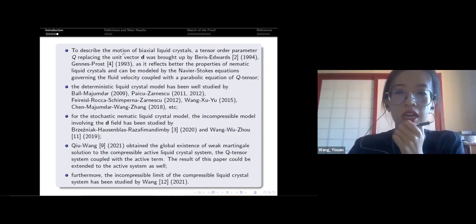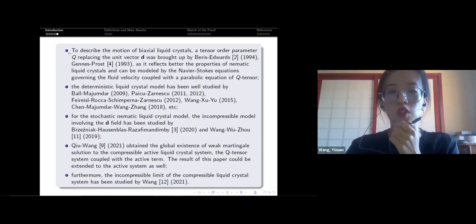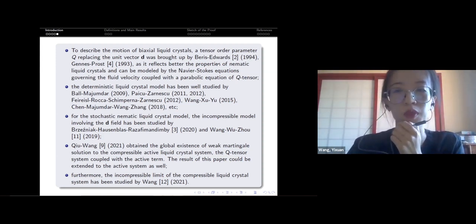I would say the Q tensor model reflects better the properties of nematic liquid crystals. The coupling of the Q tensor equation with the Navier-Stokes equation describes the flow velocity in a liquid crystal. The deterministic liquid crystal model has also been studied in all these papers.